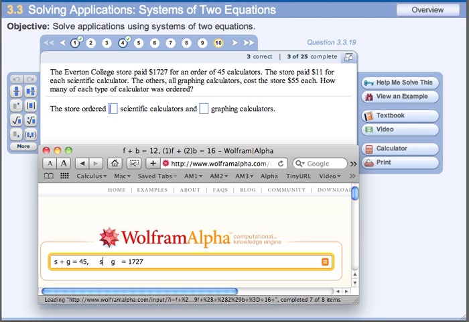Now, S is the total number of scientific calculators bought. Each one of those the store paid $11 for. So I multiply that by S, and then the graphing calculators, there are G of them, cost the store $55 each. And together, that means we add them, they cost the Everton College store $1,727.